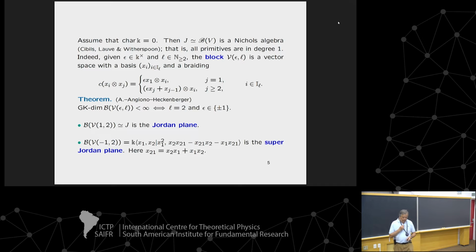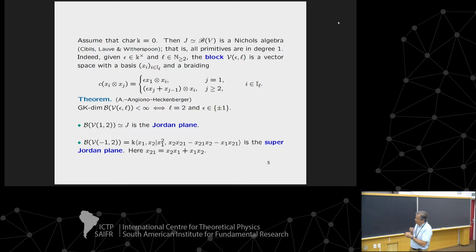Okay. Now Nichols algebras enter into the picture. Essentially, this says that a Nichols algebra is a quadratic algebra like J, and the new axiom is that all primitive elements are in degree 1, so are in V. And this happens when the characteristic of K is 0.